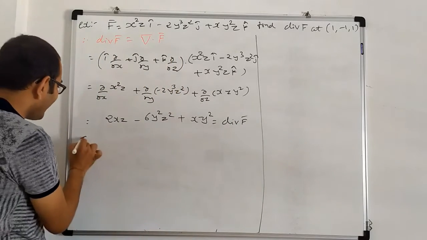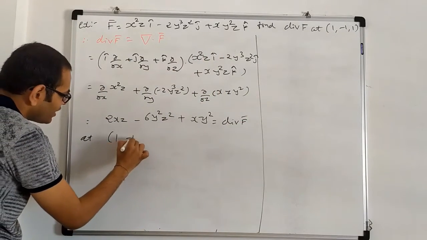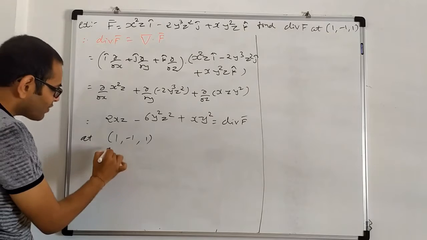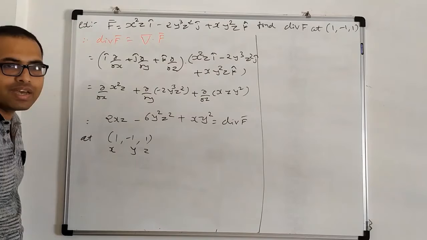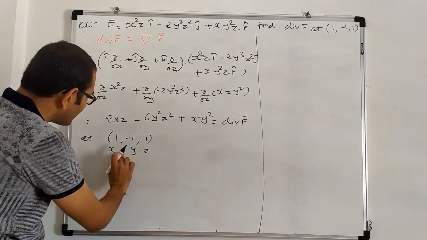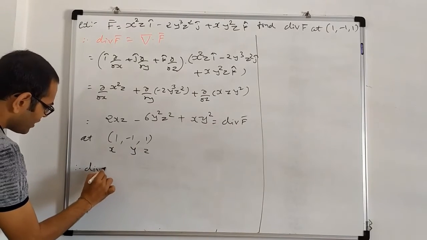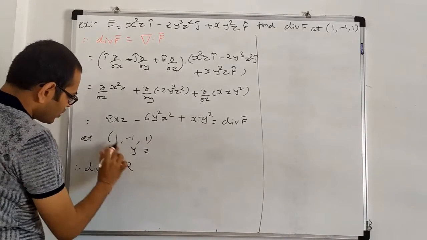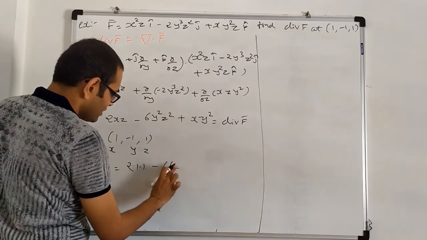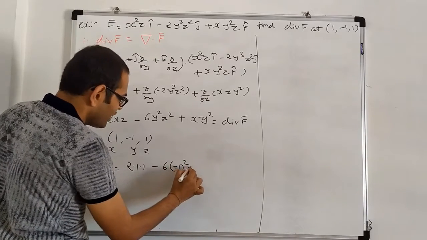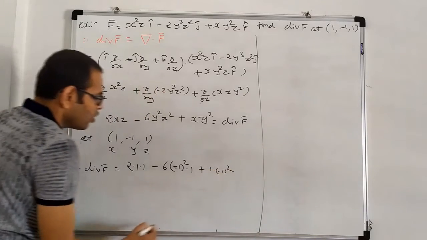But we find at the particular position which is given as (1, -1, 1). The first value indicates x, the second value indicates y, and the third value indicates z. Then substitute the values of x, y, z in this equation and we get divergence f bar equal to twice x, which is 1, z is also 1, minus 6 into (minus 1) whole square into 1, plus x which is 1 into (minus 1) whole square.